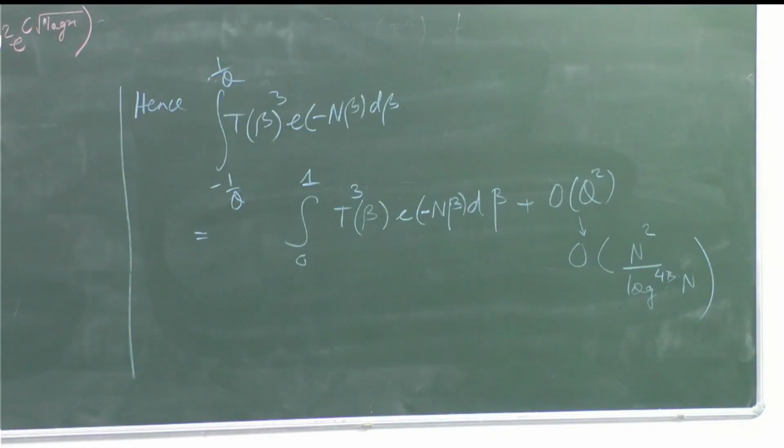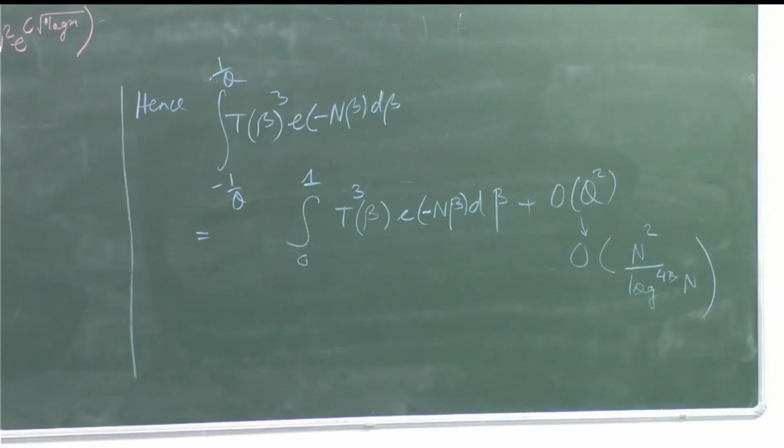We are still looking at T beta cubed, the first term over there, T beta cubed, exponential minus n beta d beta.